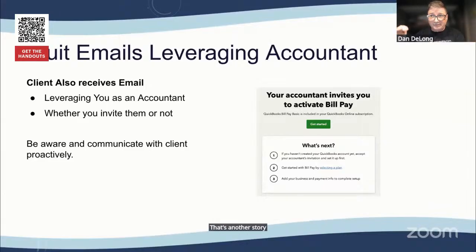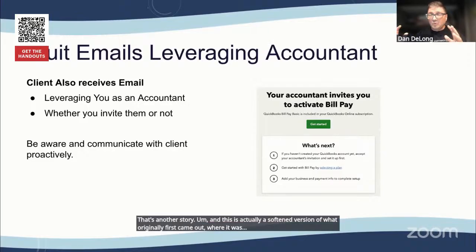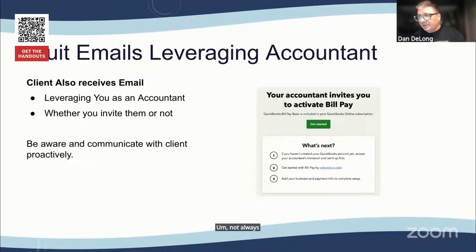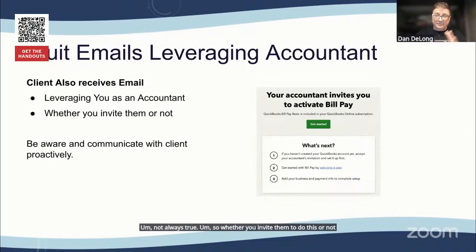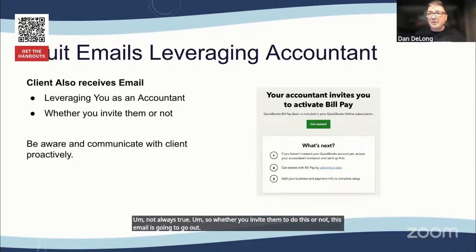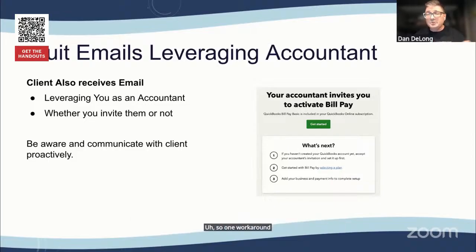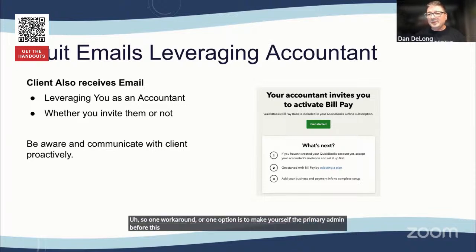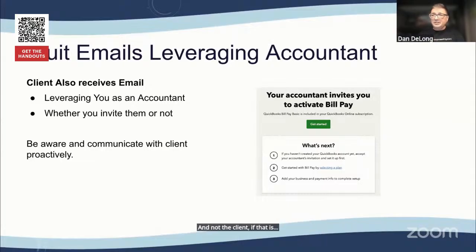And this is actually a softened version of what originally first came out, where it was more personal, saying, hey, you recommend QuickBooks Bill Pay, which is certainly not always true. So whether you invite them to do this or not, this email is going to go out. So one workaround or one option is to make yourself the primary admin before this email comes out, so you get it and not the client, if that is your intention.